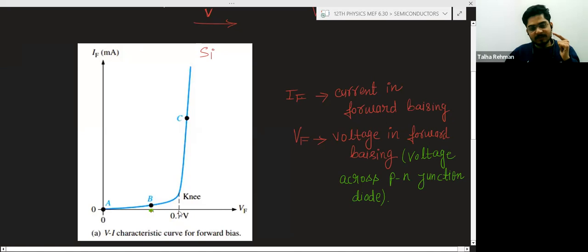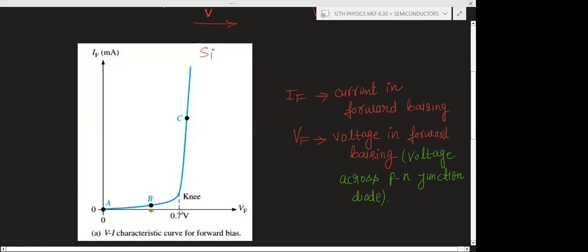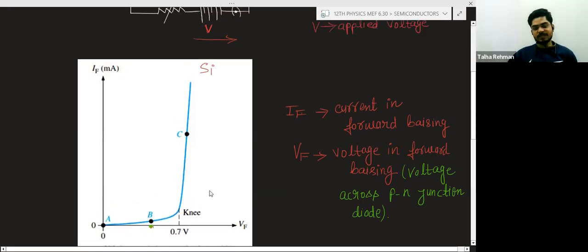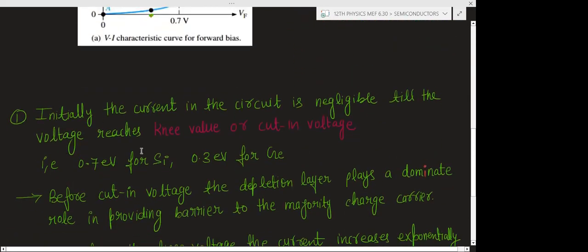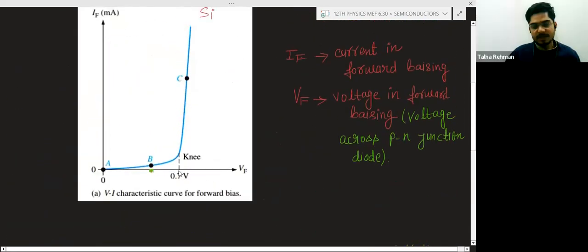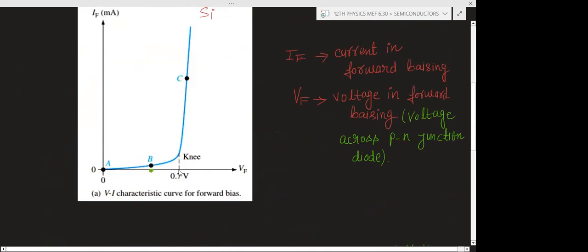But when the potential difference across the diode becomes 0.7 volt, this 0.7 volt is for a silicon PN junction diode.